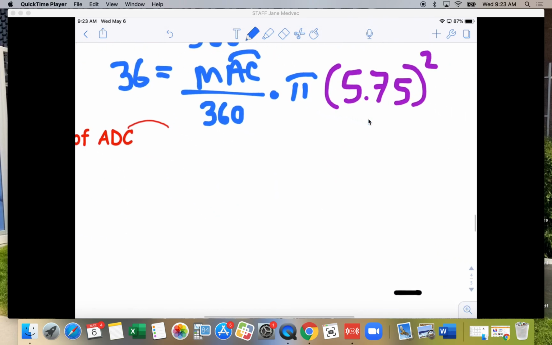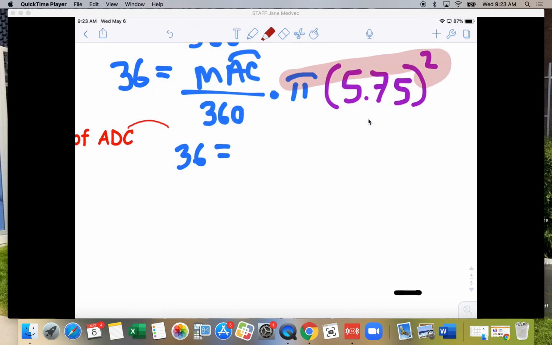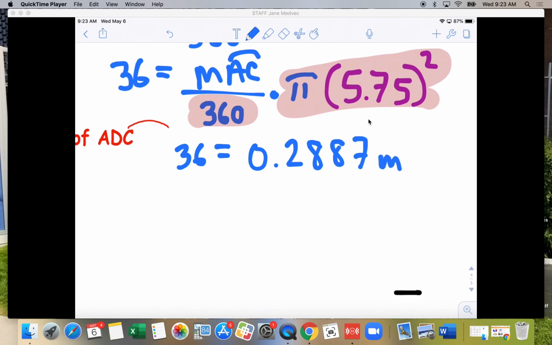So I'm going to keep going, 36 equals, and let me show you, I'm going to highlight it. I'm going to take these and multiply those together, and then divide by the 36. So I end up with 0.2887 measure of arc AC.